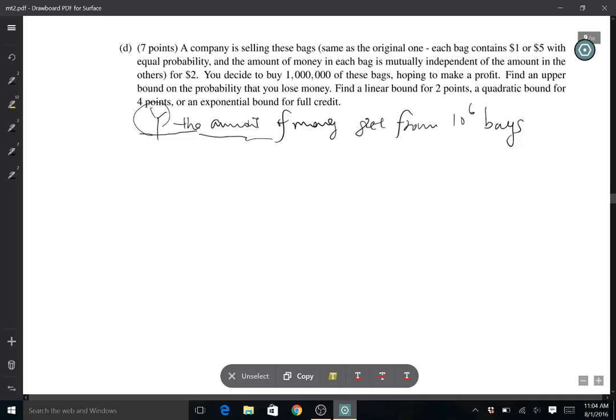In Y I didn't subtract the amount you pay, so it's just the money that you get from the bags. Okay, so the expectation of Y is N times the expectation of Yi, Yi meaning the amount of money you get in one of the bags. Here N is just equal to 10 to the power 6.